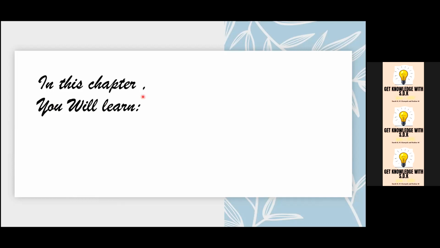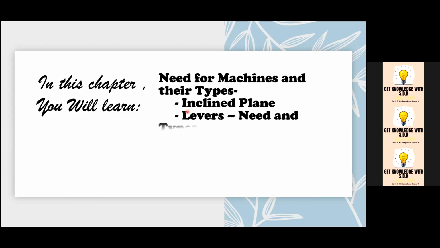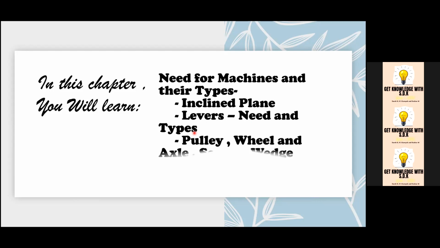In this chapter, you will learn: A. Need for machines and their types, inclined plane, levers, their need and their types, the pulley, the wheel and axle, and screw and wedge.